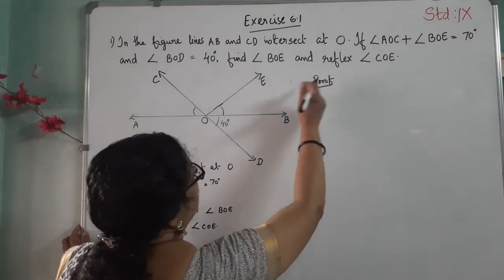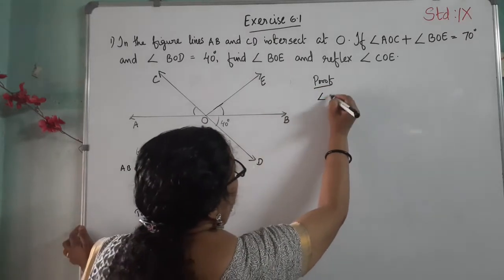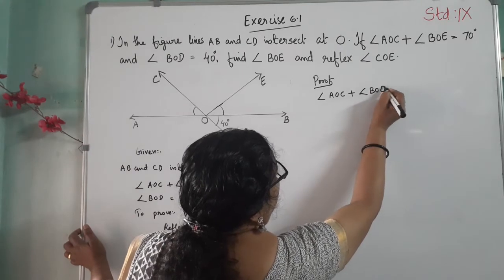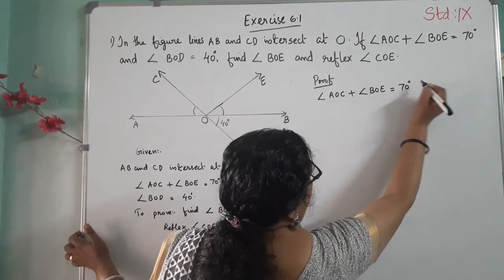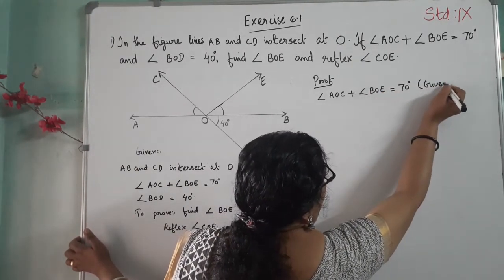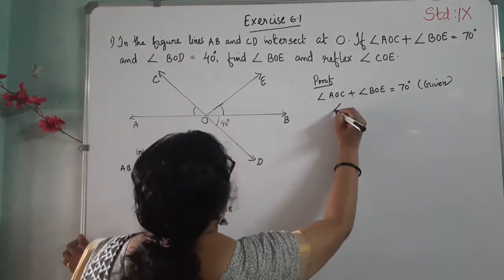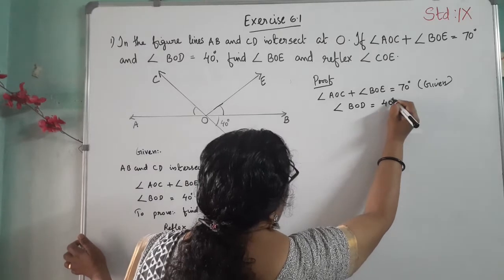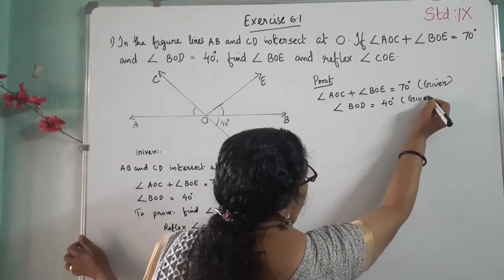First we write angle AOC plus angle BOE equals 70 degrees, it is given. Then angle BOD equals 40 degrees, that is also given.